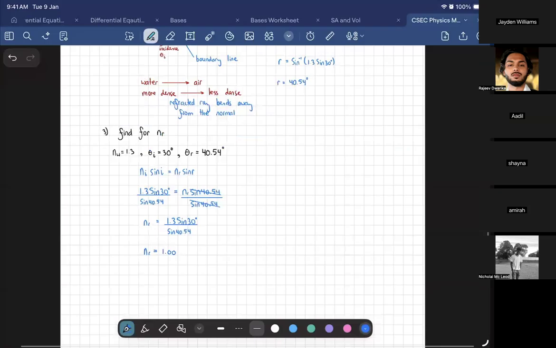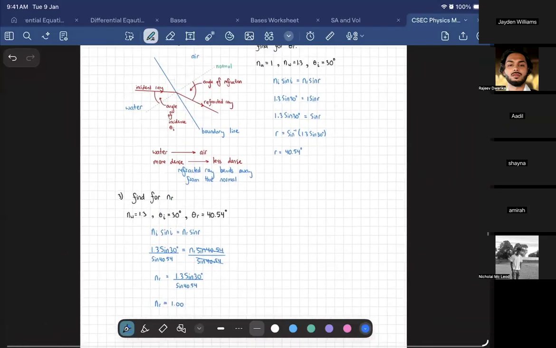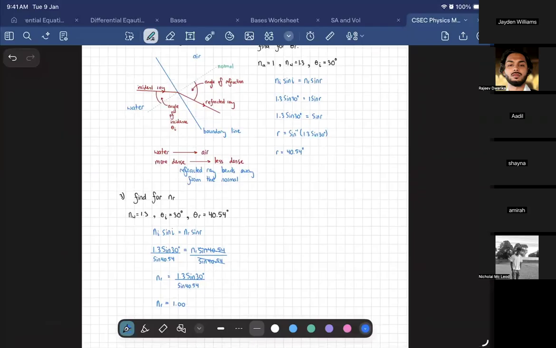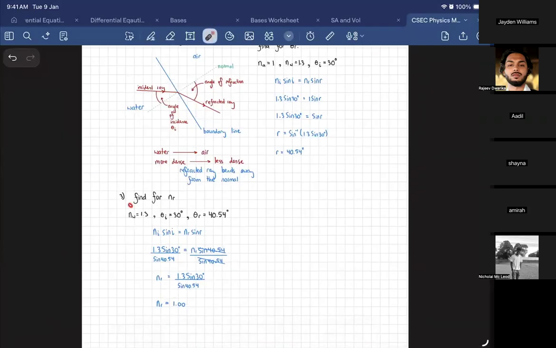Now let me ask you a question. Amira, does that make sense? Let me look at the question. What were they asking us to find in this question? NR. What is NR? Remind me, Amira, what does N stand for? The refractive index, right?